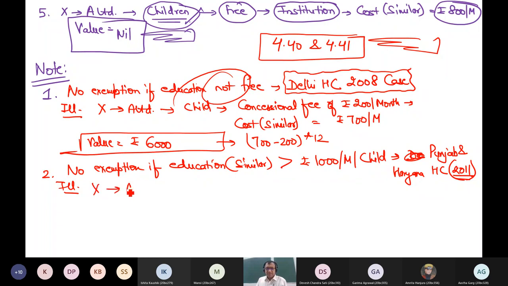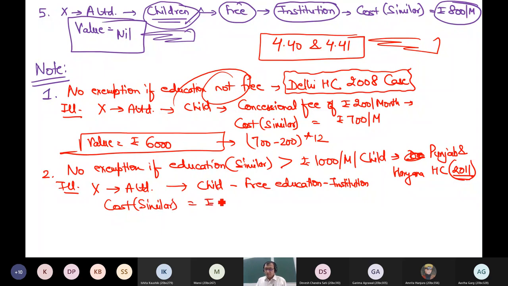X, A Limited. Children got free education in an institution, but cost of education in a similar institution is 3,000 per month.